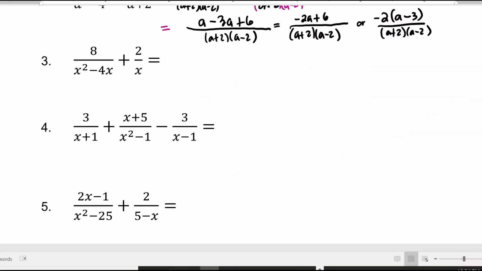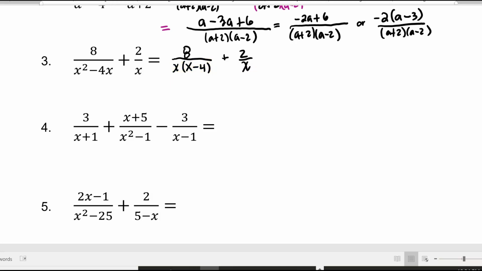So number 3, we have the denominator x squared minus 4x. That's factorable, so we rewrite it as 8 over, take the GCF out, so that's x times x minus 4, plus 2 over x. So what is the LCD? Well, we can get both our denominators to look like this, x times x minus 4.